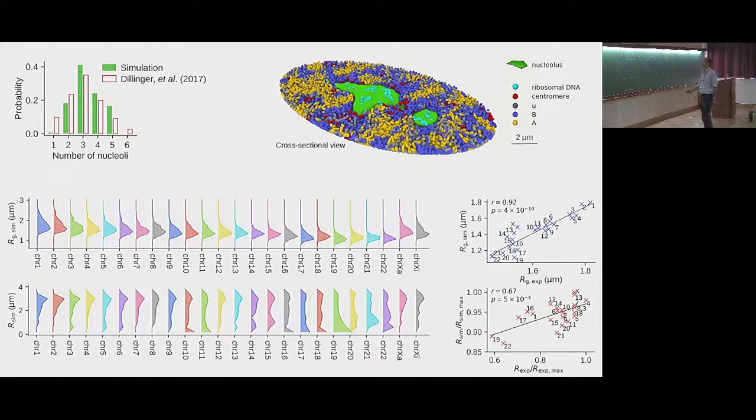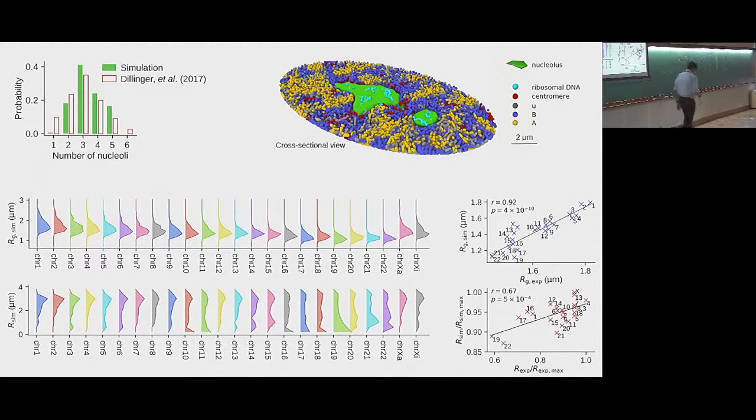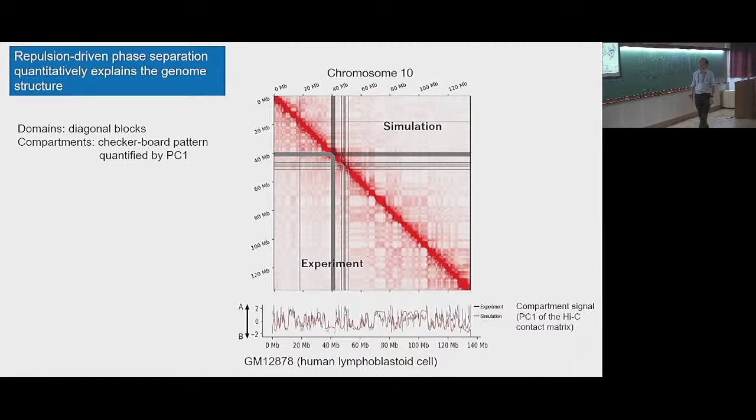The position is somewhat deviating, but we have a correlation of 0.67 or something like that. The experimental observation is not well defined because it is measured from a two-dimensional image. So really we need to compare the three-dimensional distribution. But anyway, we have a reasonable result for this.